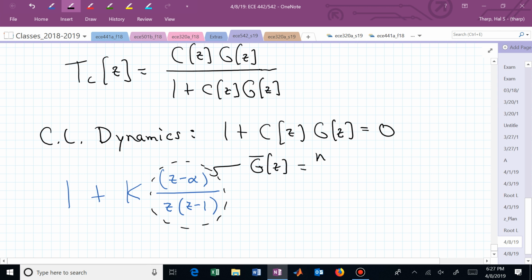This is now our N of Z over D of Z, and all of that's supposed to equal 0. And this is Z minus alpha over Z times Z minus 1.